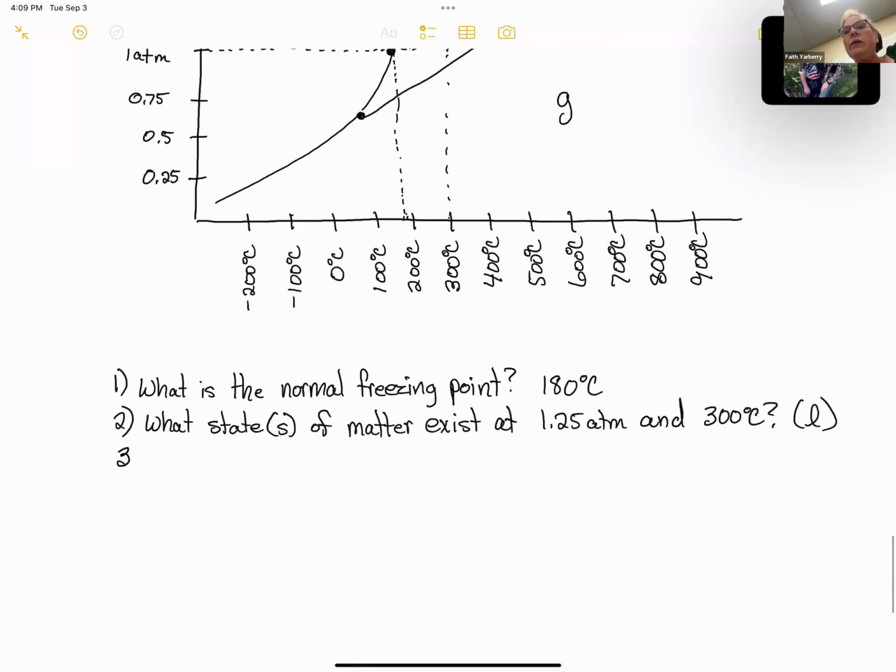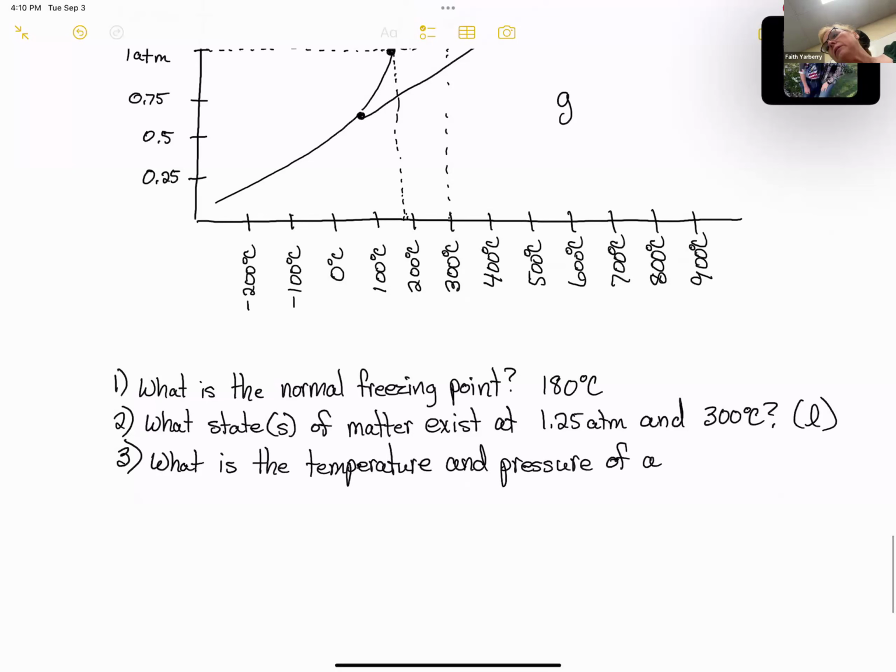Another way that this question could be asked is, what is the temperature and pressure of a compound at the triple point?